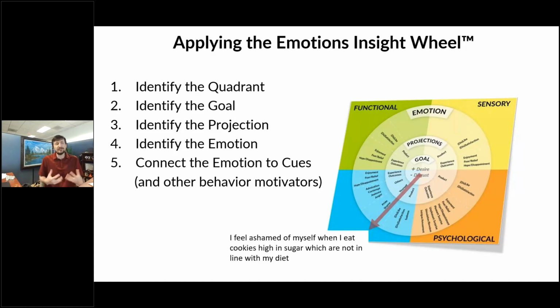Or maybe I feel ashamed of myself when I eat cookies that are high in sugar, which are not really in line with my diet. So again, you're connecting the emotion to what the projection is, to what the cues are that are driving that, and why that matters to a person.